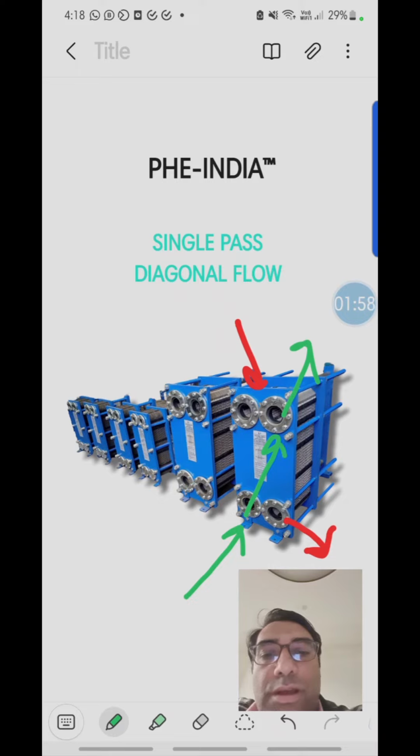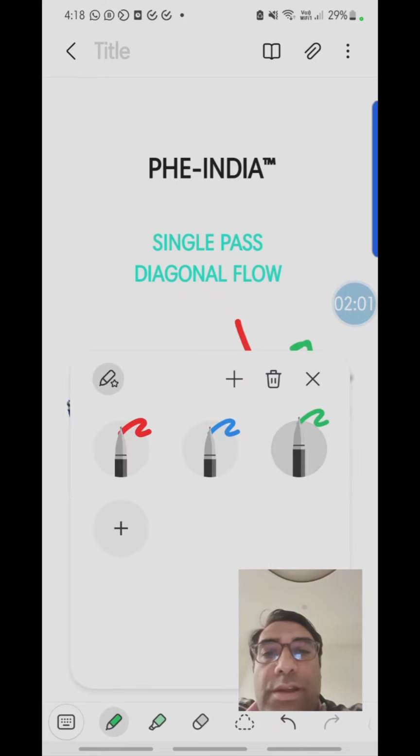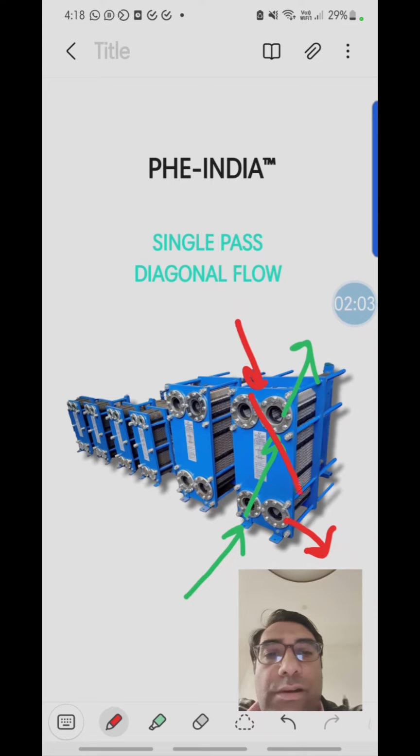So this is the diagonal configuration, where the liquids travel diagonally. This is the basic difference between parallel and diagonal flow.